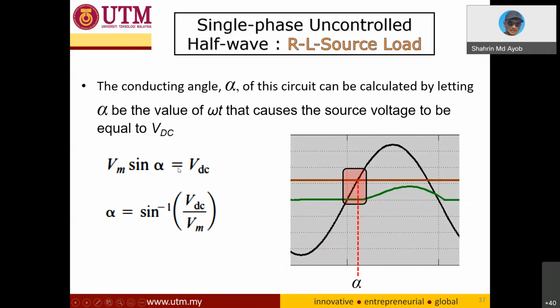From here we manipulate it, so we take VDC over Vm and then the inverse sine. So that is alpha. For this example, alpha is referred to as the conducting angle, the angle where the diode starts to charge, or starts to turn on.